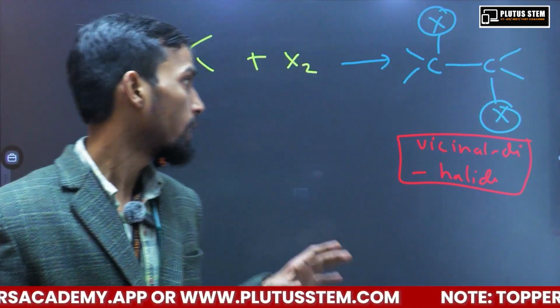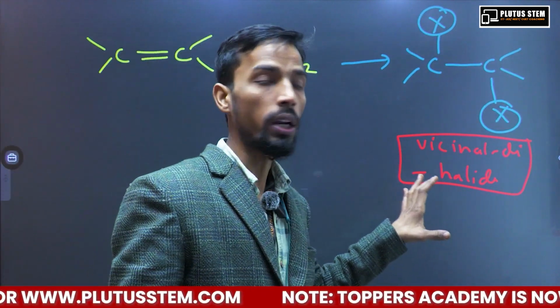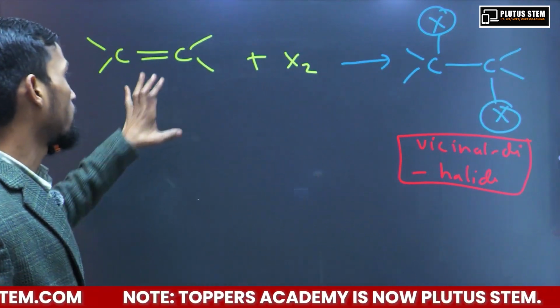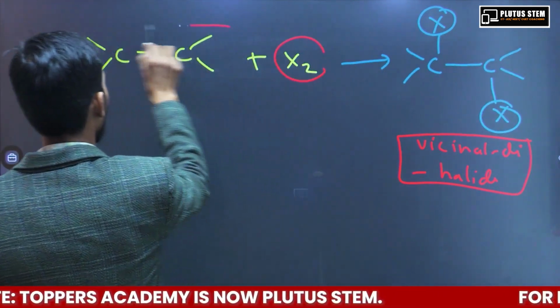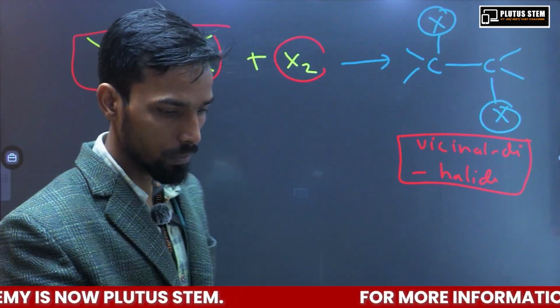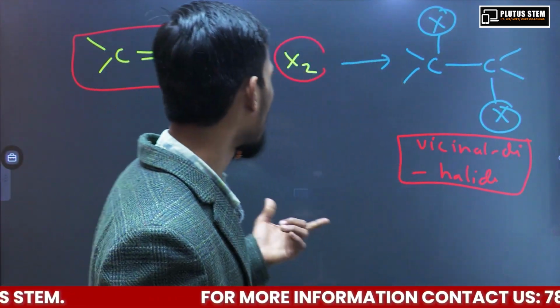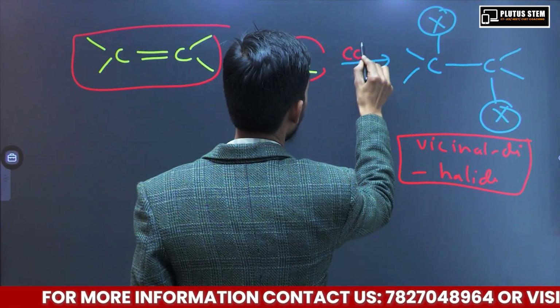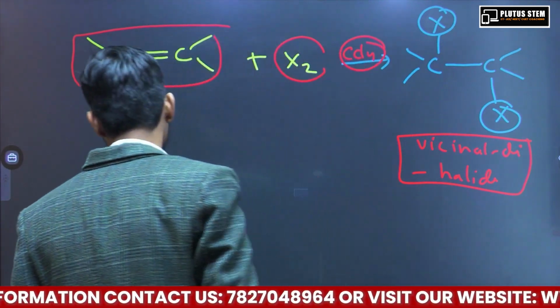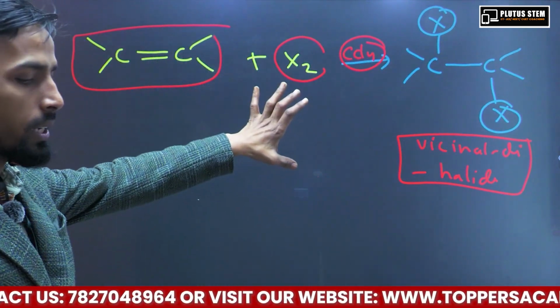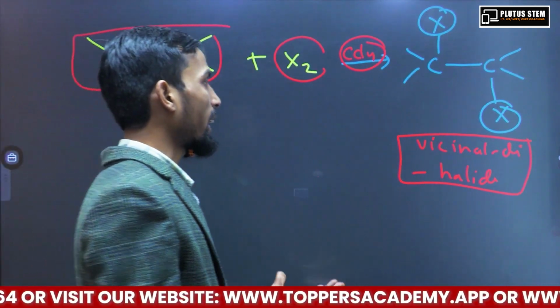In this type of reaction we get the vicinal dihalide. The vicinal dihalide is formed with the help of X2 with this alkene. Generally we take a reagent that is termed as CCl4, and the reaction proceeds.